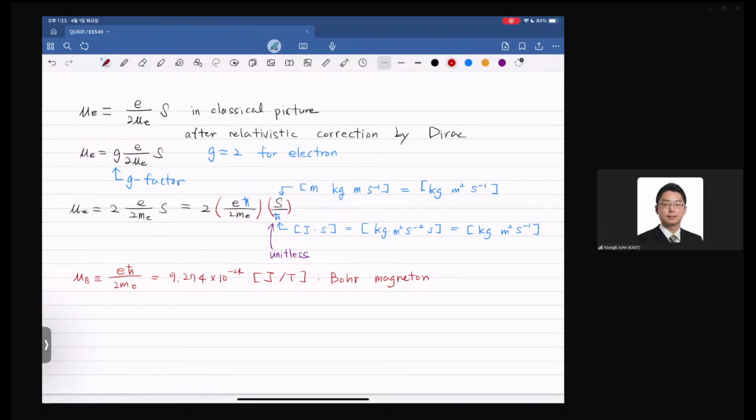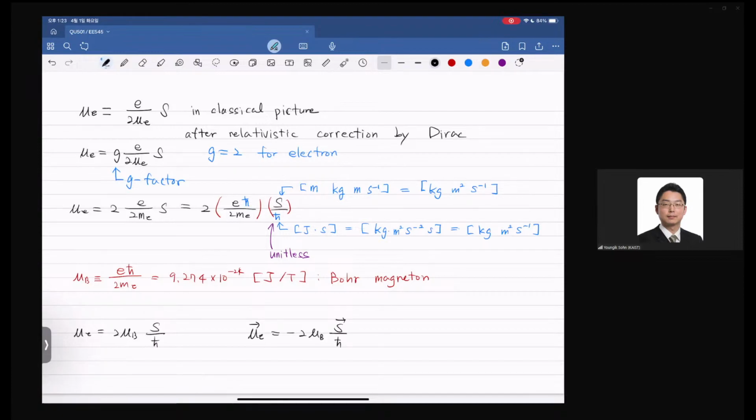So to wrap this up, mu_e equals mu_B S over h bar. And the spin angular momentum S, you can assign some vector direction. Since it's a negative charge, there is a negative sign, and you can write it this way.